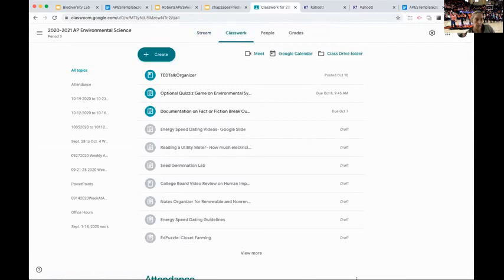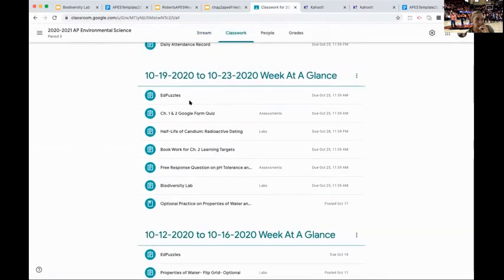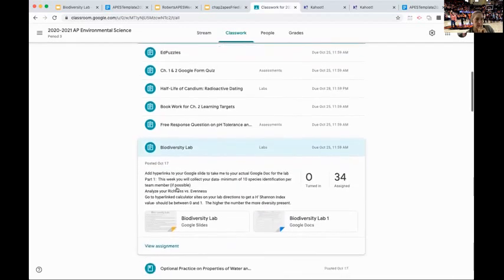I'm going to go down to this week, which is right here. You'll see your ed puzzles. You'll see that Google form quiz. You'll see what we're going to do on our next live session on the half-life of candium. You'll see the bookwork about that math and practicing that problem on energy efficiency. You'll see your FRQ. And what I want you to click on today is this, the biodiversity lab.